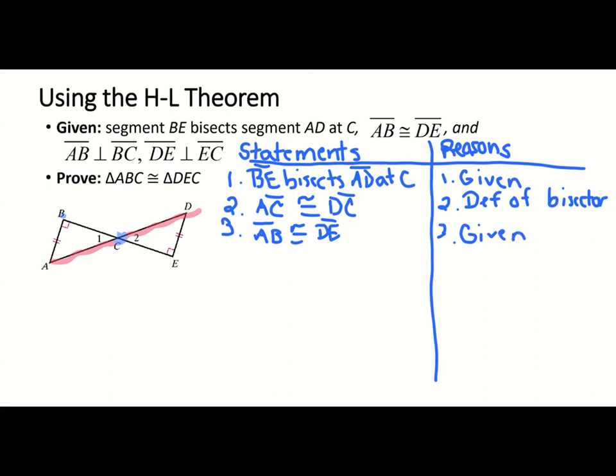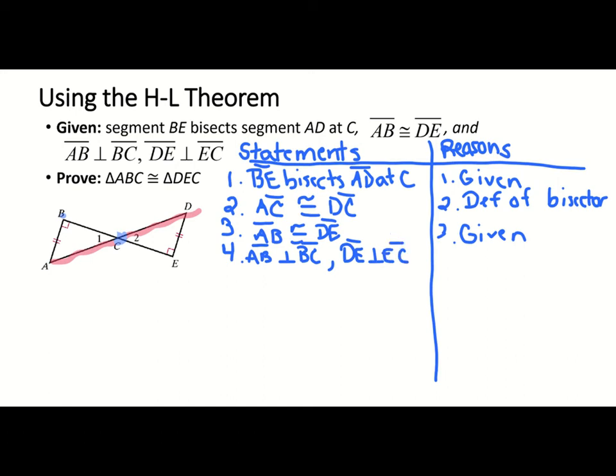I really can't get any more information from that, but I have one more given, and this tells me that segment AB is perpendicular to BC, and I also know that segment DE is perpendicular to EC.